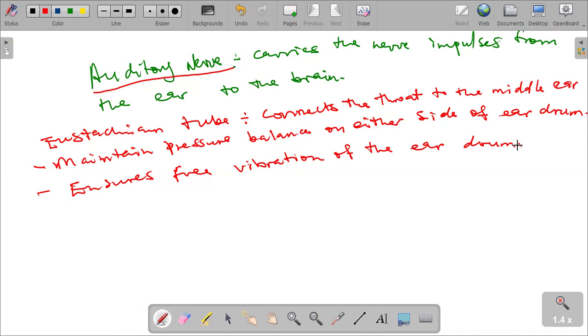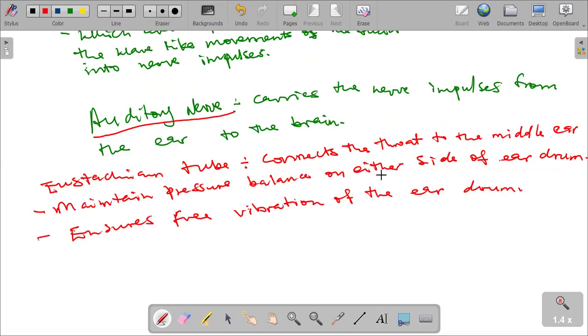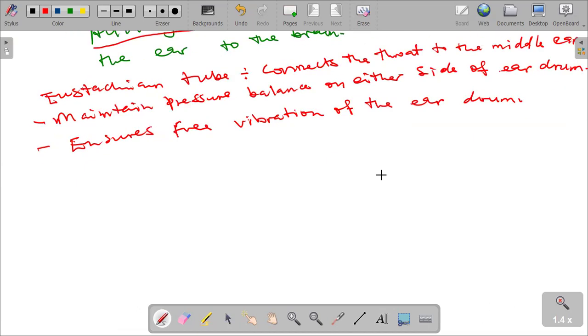Sometimes we hear people talking about the bursting of the eardrum, which is a condition most common in young children.